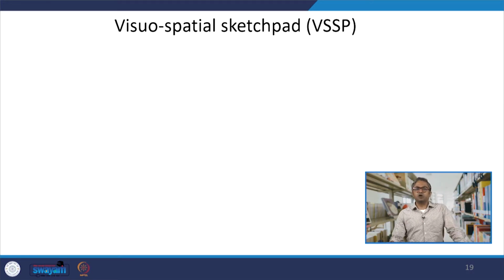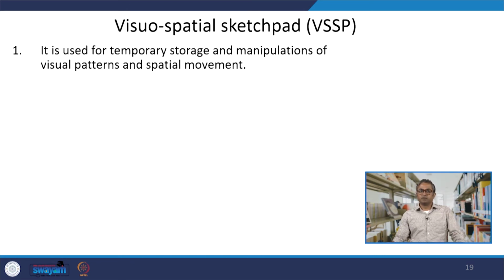Let us talk about the Visual Spatial Sketchpad. What is it doing? It is also a temporary storage and manipulation of visual patterns and spatial patterns. What are these patterns? If a grandmaster of chess is there, he or she may have several visual templates about one single move, which he or she can manipulate to win a game.